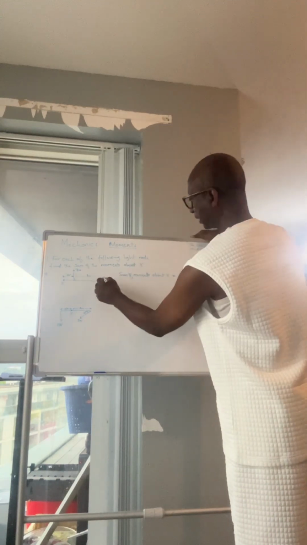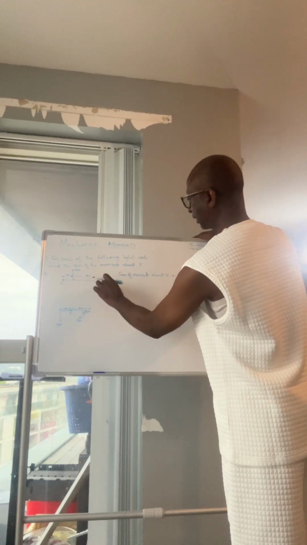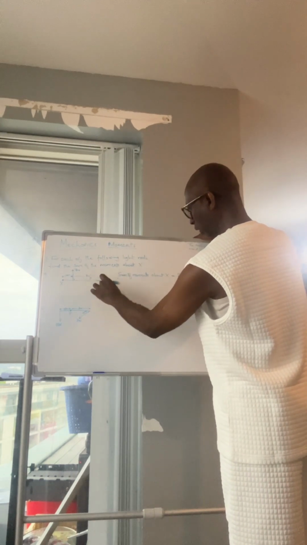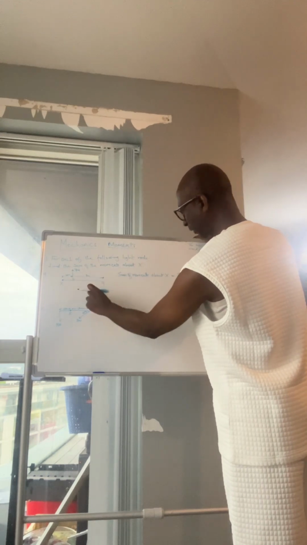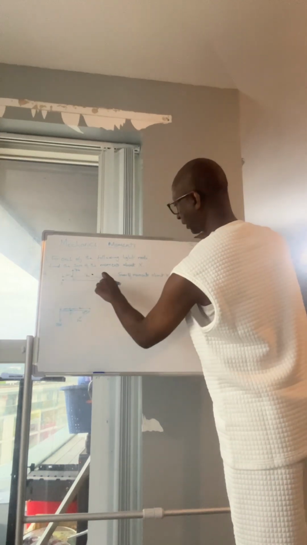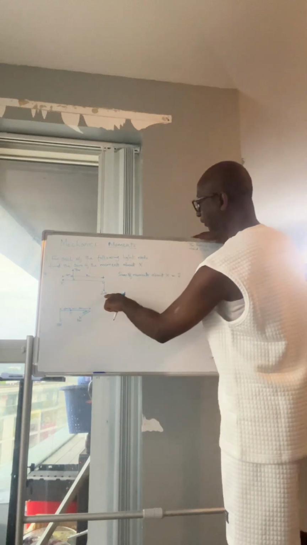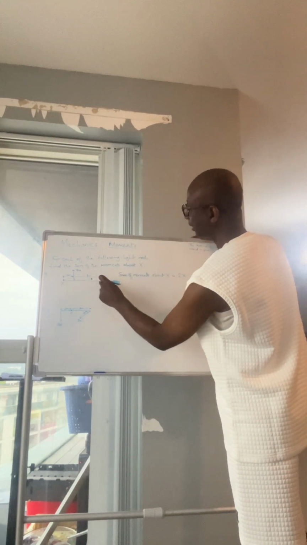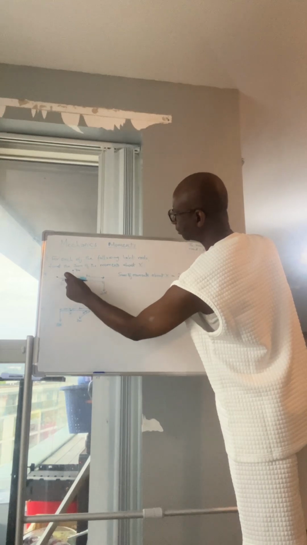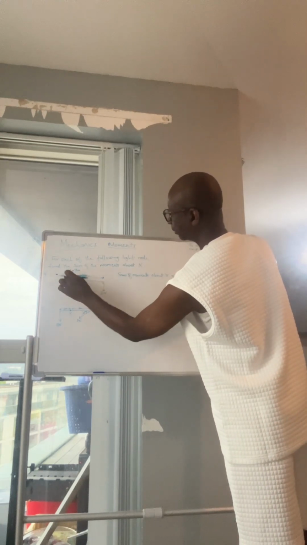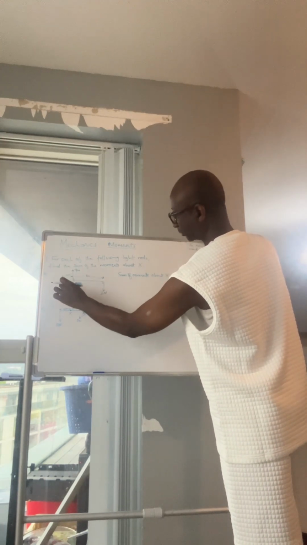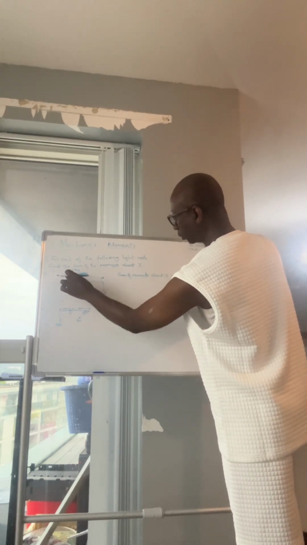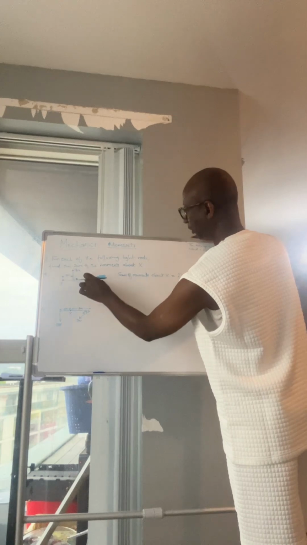This is already at 90 degrees here. That's why they put this sign here, telling you that this 2 newton force is perpendicular to the rod. So you have 2 newtons times the perpendicular distance, 7 meters plus 2 meters, because you are taking your moment about this point x. So the whole length is 2 plus 7, 9.